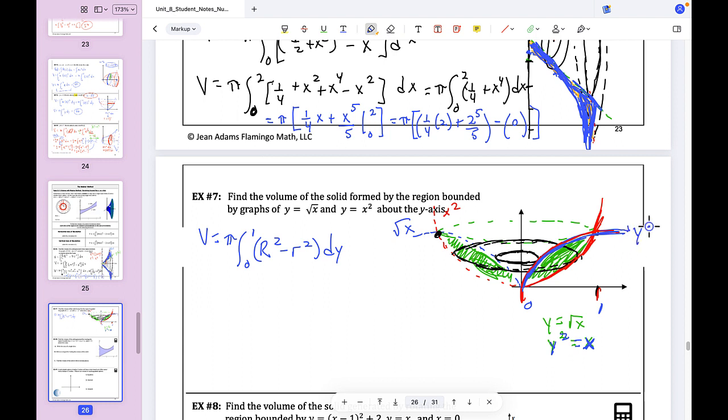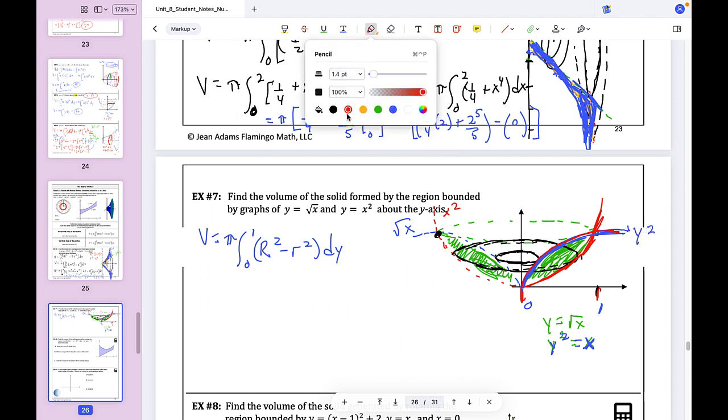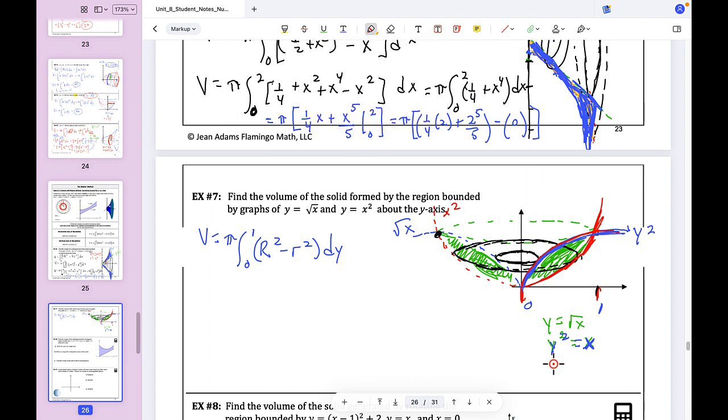This is y squared. And then the red function is y equals x squared. So we'll take the square root of both sides, so we get the square root of y equals x. So this is the square root of y. Be really careful, label it so you don't lose track of what's actually happening.